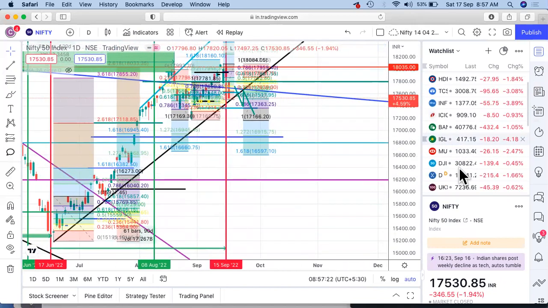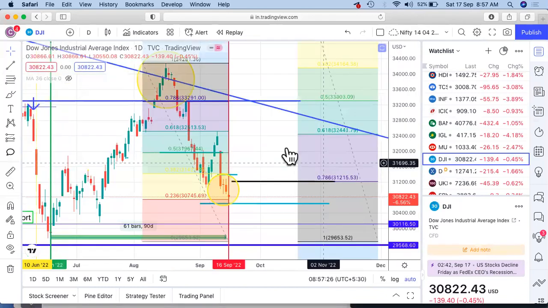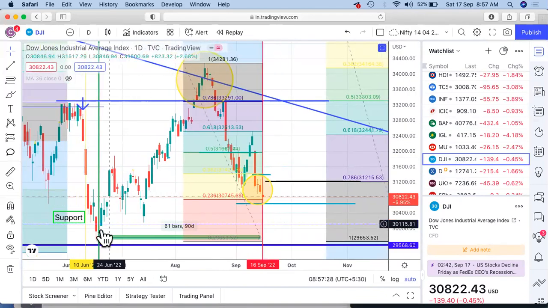Let me go back to Dow Jones. See, Dow Jones has already completed a bigger cycle, going from low to the high and then reversing back to the entire 0.236. So this becomes a very strong support for Dow Jones. The previous high of Dow Jones was on 16th of August.